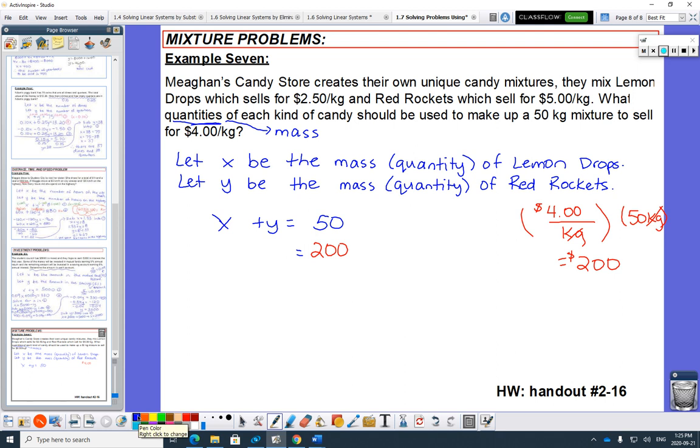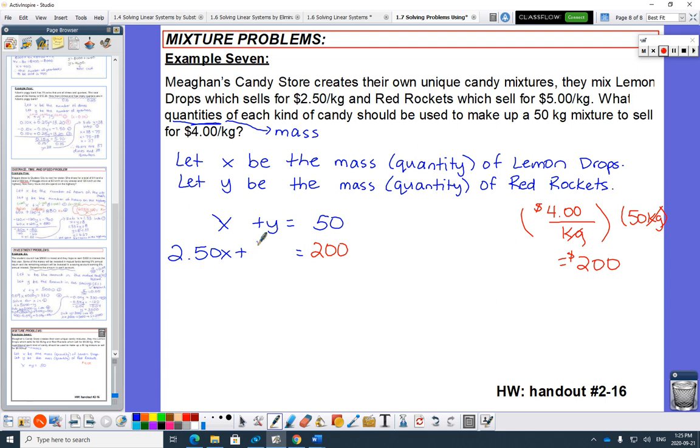That is a ruthless way to ask this question. I would just give you the total on the test. Okay? I can't remember about the homework questions themselves, but it would be more straightforward. So the lemon drops are $2.50 a kilogram. Lemon drops are X. $5 a kilogram is red rockets.